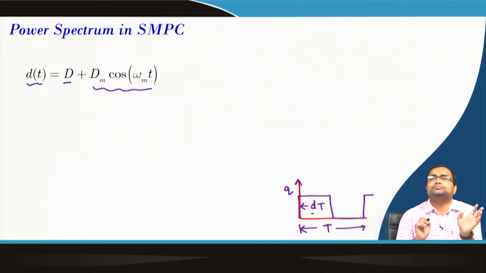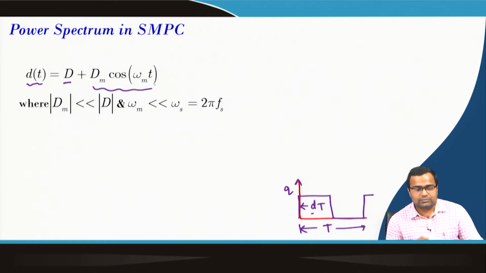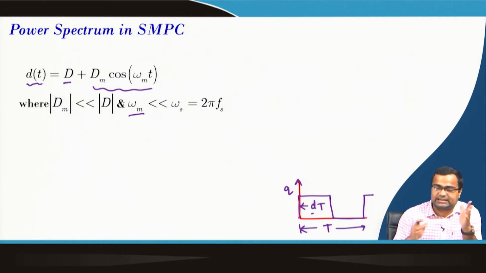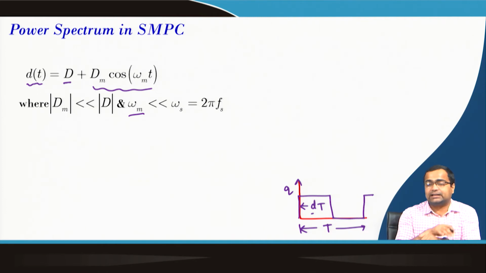The excitation amplitude Dm is much smaller than its steady state value. And omega m, the modulating frequency, we are sweeping slowly from 0 frequency, but it is much smaller than the switching frequency.